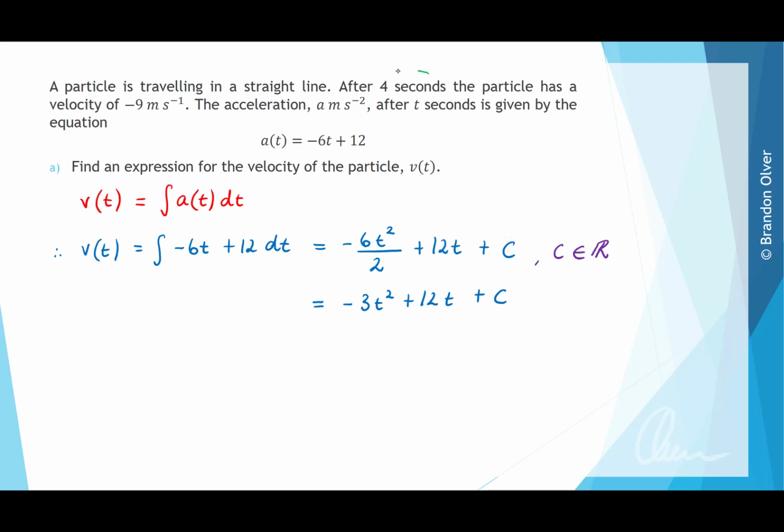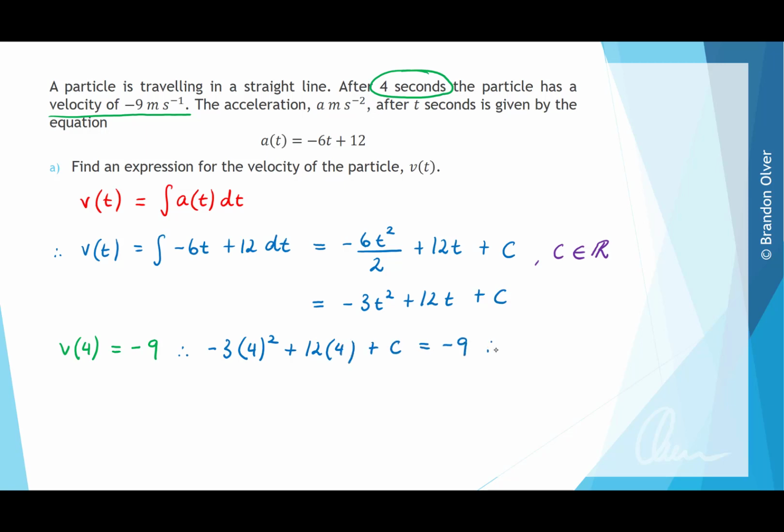And then we know that after 4 seconds, the particle has a velocity of -9 meters per second. Therefore, when we evaluate the velocity at t equals 4, it's going to equal -9, which gives us the equation -3 times 4 squared, plus 12 times 4, plus c must equal -9.